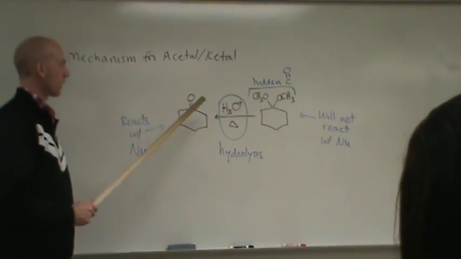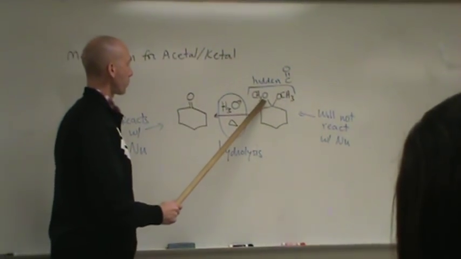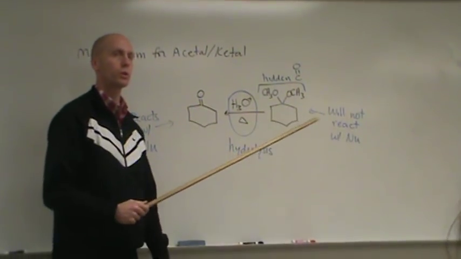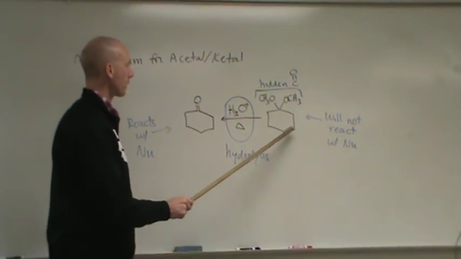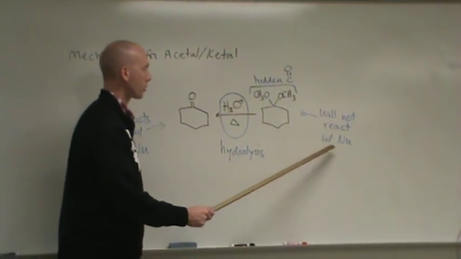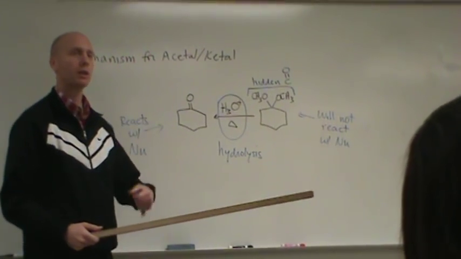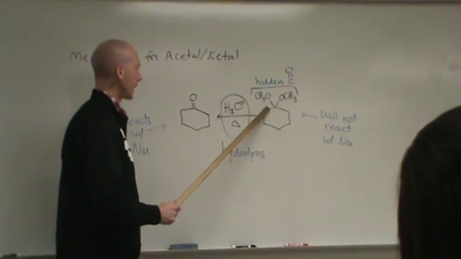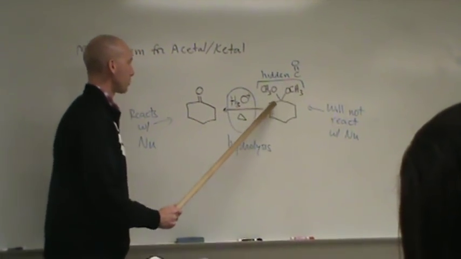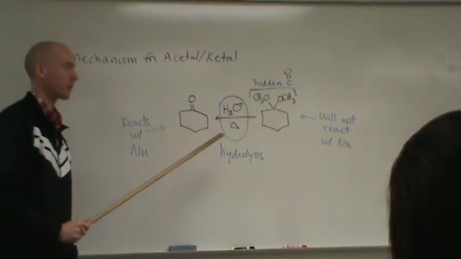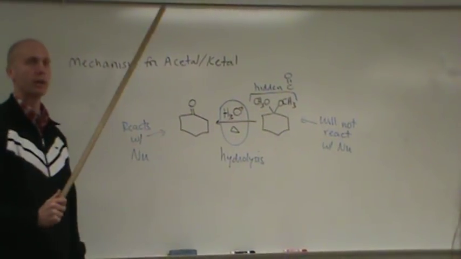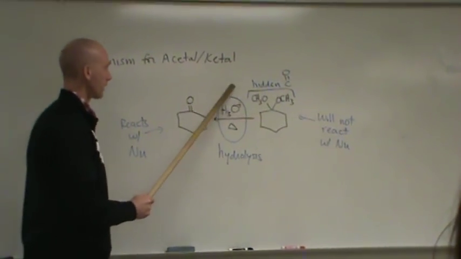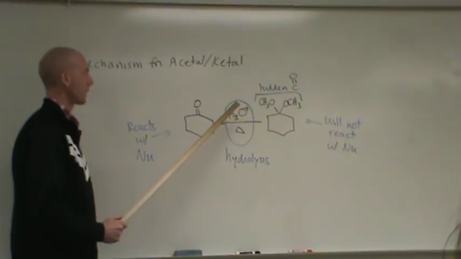So what I can do is transform it to a ketal. Now this will no longer react with a nucleophile. So if I have another part of the molecule that I do want to react with a nucleophile, it can do that. After I'm done with that reaction, I can then come back and transform that back to the carbonyl using hydrolysis. Okay? So that's the utility of making acetals and ketals.